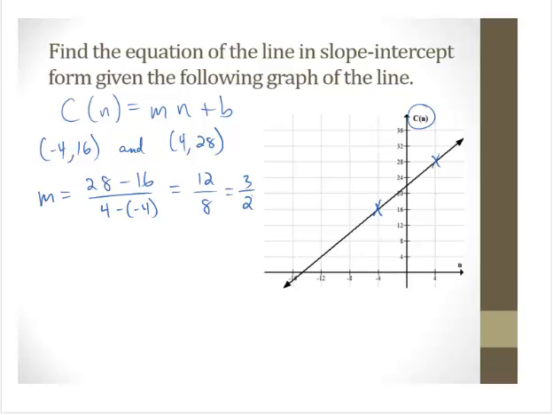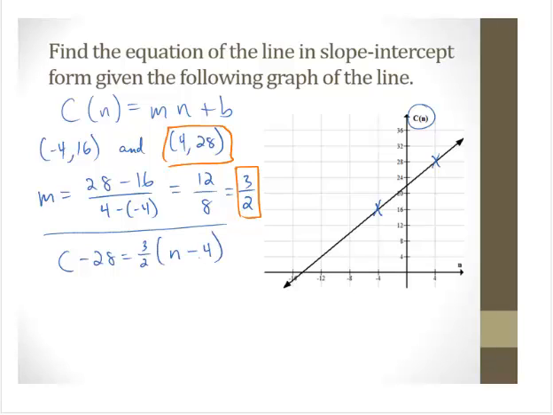All right, so now I have not y, but c of n, and I'll abbreviate that c temporarily. So I'm going to use the slope and the second point, and I can write c minus 28 is 3/2 of n minus 4.